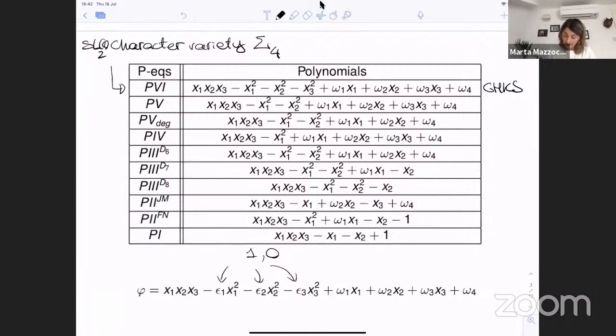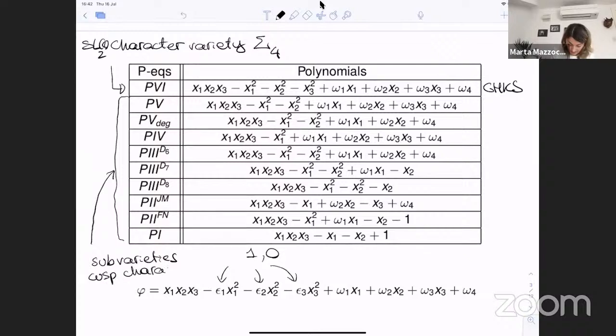As we go down this list, what we find are some special subvarieties. All of these are subvarieties of another object, which we called the cusp character variety. And this is important because cusp character varieties have a natural structure of cluster algebra. So I think it's interesting for that reason, because then we can also quantize the cluster algebra and compare.